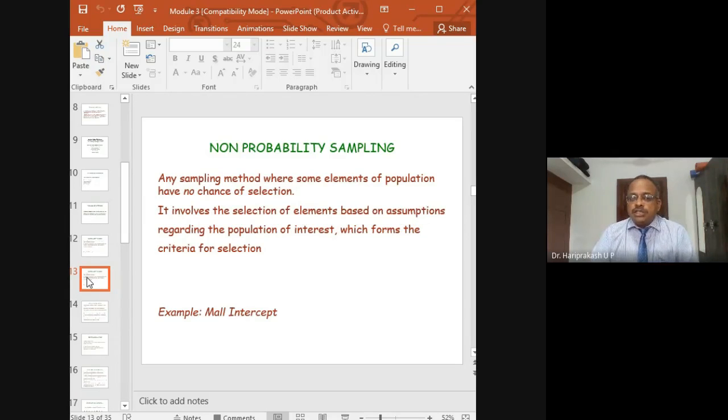In the coming session, we'll be discussing the various types of probability sampling and then non-probability sampling.